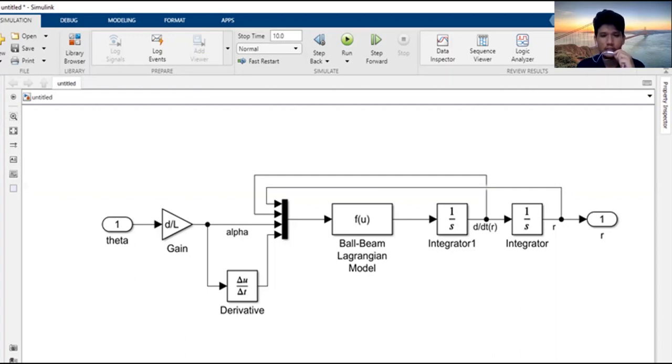Underneath the alpha signal line, insert a Derivative block from the Continuous library and connect the output of the gain block to the input of the derivative block. Then connect the output of the derivative to the fourth input of the Mux block. The model is done, and then save the model as ballbeam.slx. So it will become like this.